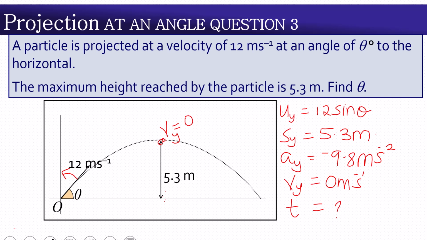So when you look at this information, you realize that if I use the third equation of motion, I can easily get my angle, because I have u, which is in the third equation of motion. I have s, I have a, and I have v. So the only thing I will be lacking will be theta.